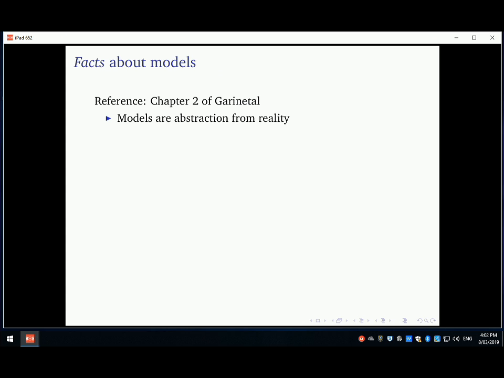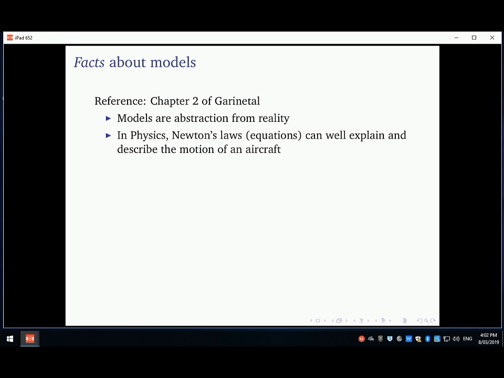So this is just an introductory slide. And the main reference is Chapter 2 of Gaurin, Lesser and Sims, the online resource that I gave you during the first lecture, and it is on ECP as well. So we know that models are a simplification of reality that allows us to understand how things work.